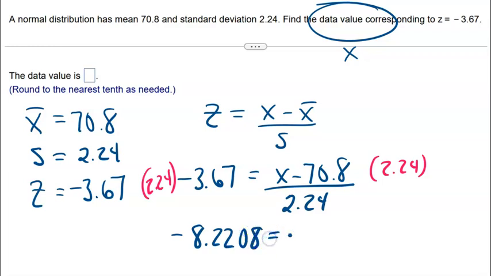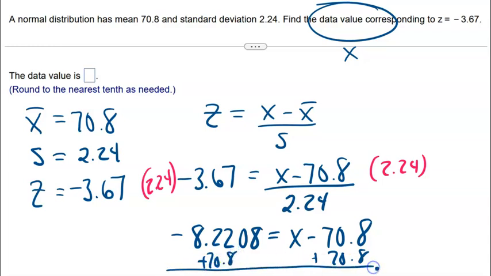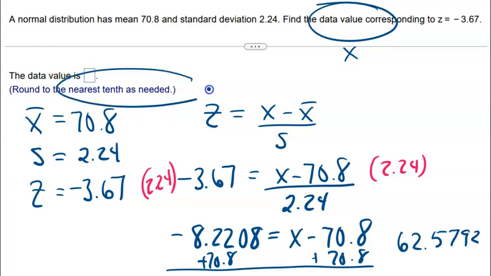Don't do any rounding in the middle of this. Keep it all out there until the end. Then I'm going to add 70.8 to both sides of this equation. Notice I don't have my decimals lined up because I'm doing this in a calculator. And I get 62.5792. It also says round to the nearest tenth, so that would be 62.6 is what I would type in.